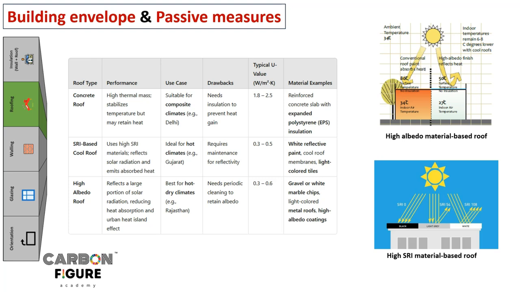When the sun goes off at night, that absorbed heat will get dissipated slowly throughout the night. That is thermal mass, right? It has a good capacity of absorbing, holding, then releasing. But if you take wood, it's not that high thermal mass, but still it is better.